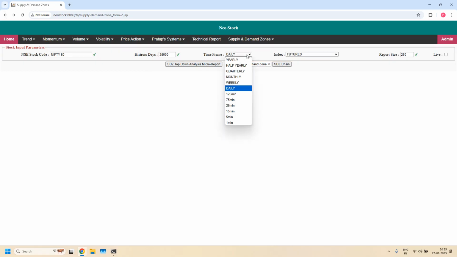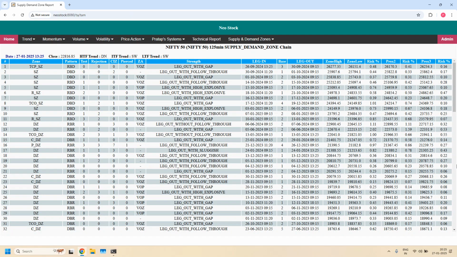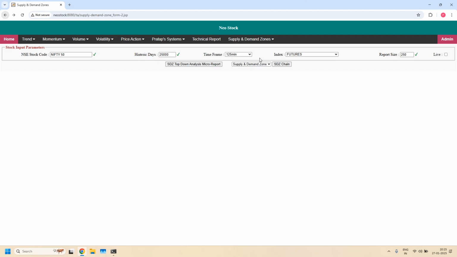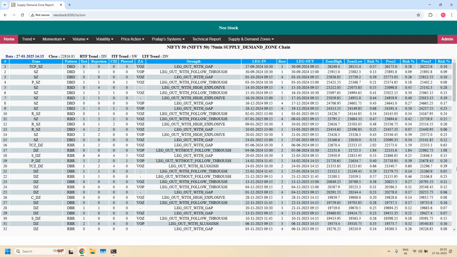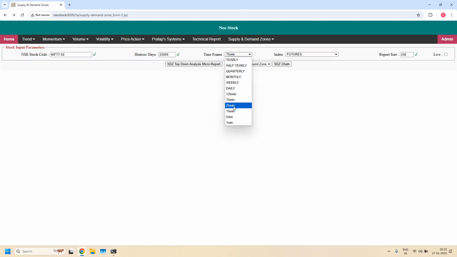Next, 125 minutes supply demand zone chain for NIFTY. Next, 75 minutes supply demand zone chain for NIFTY. Next, 25 minutes supply demand zone chain for NIFTY.